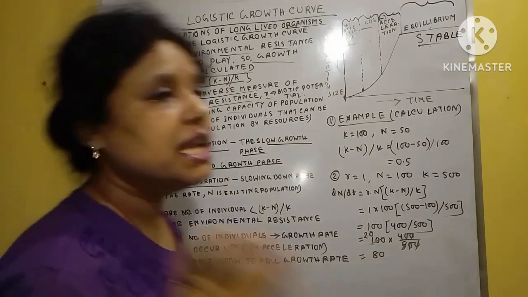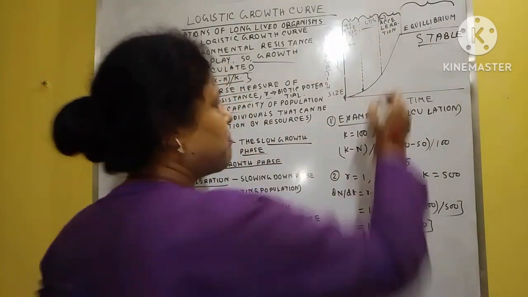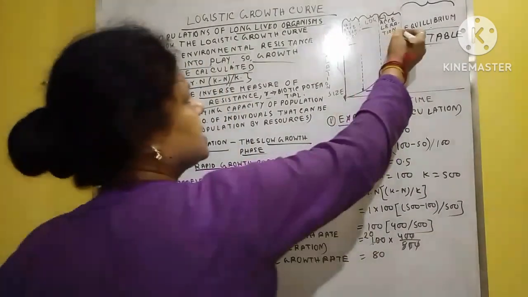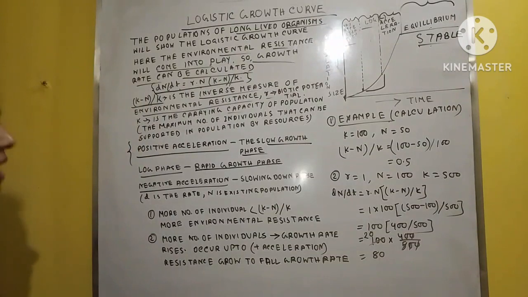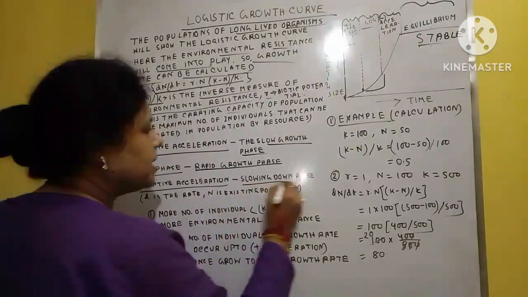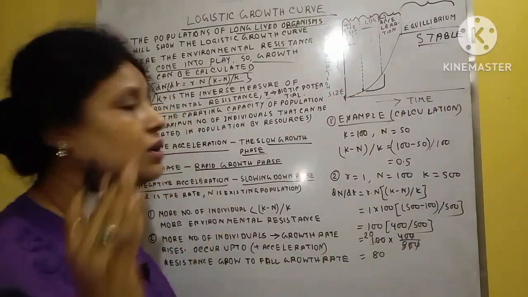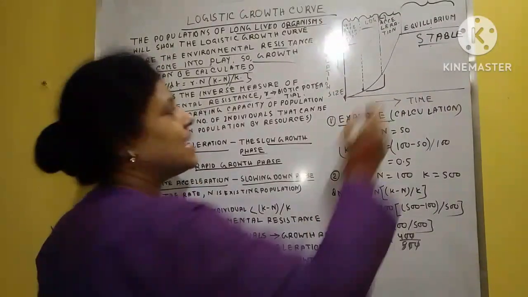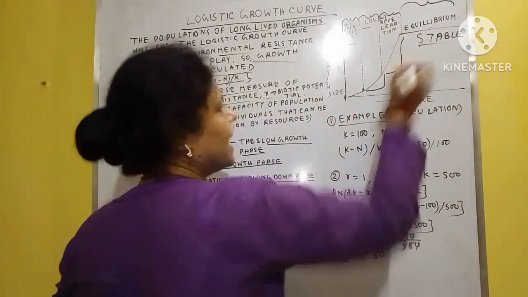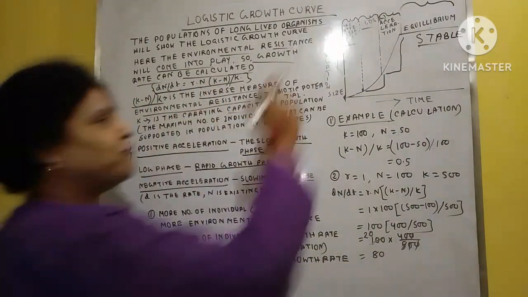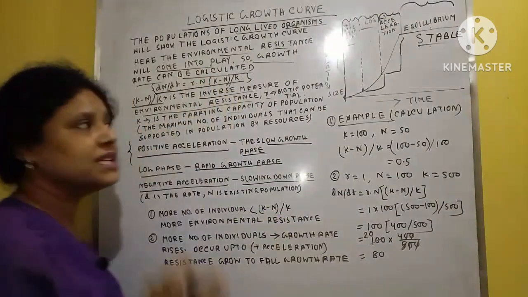That means the individuals' growth is rapid in this part. This is the negative acceleration, the slowing down phase, where the growth of the individuals becomes slow. After that comes the equilibrium, which is stable.